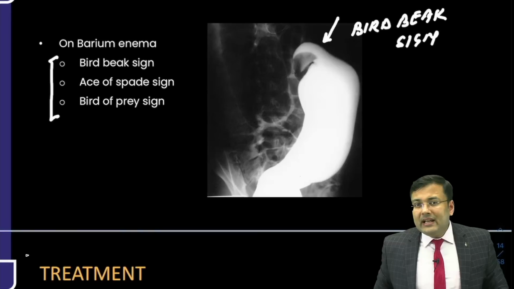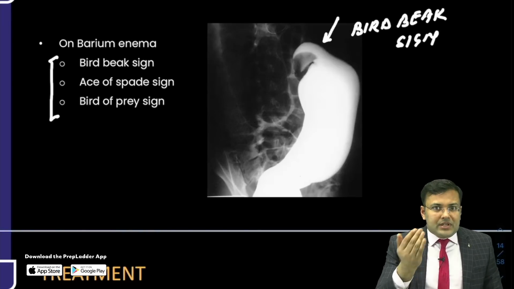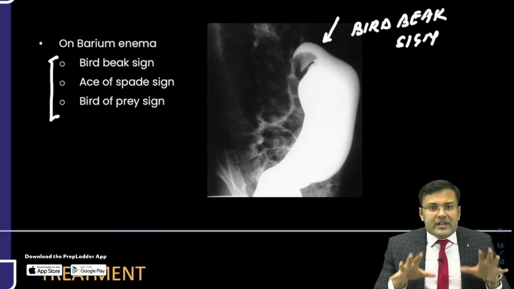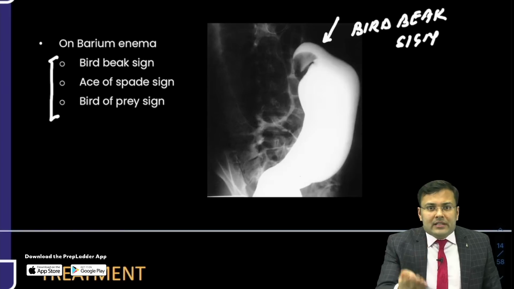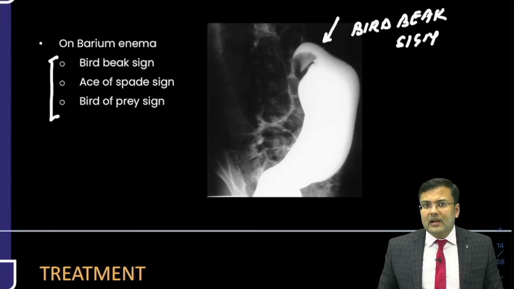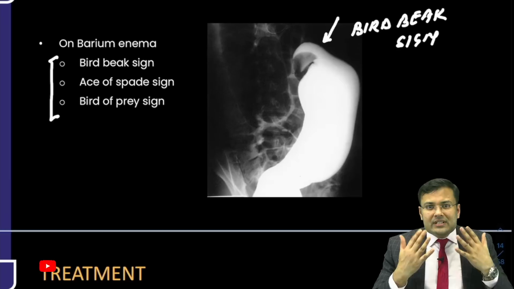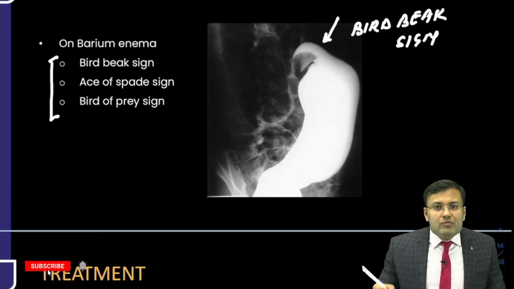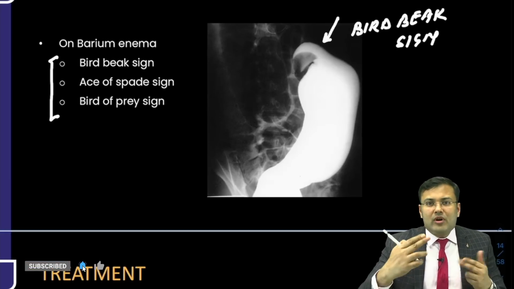Since it is common in elderly patients, first when the patient comes to your emergency, you resuscitate the patient, insert the colonoscope and perform colonoscopic detorsion. After that, when the patient is stabilized, we remove the sigmoid colon, sigmoidectomy.